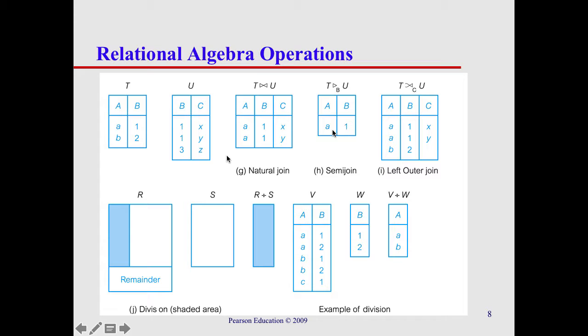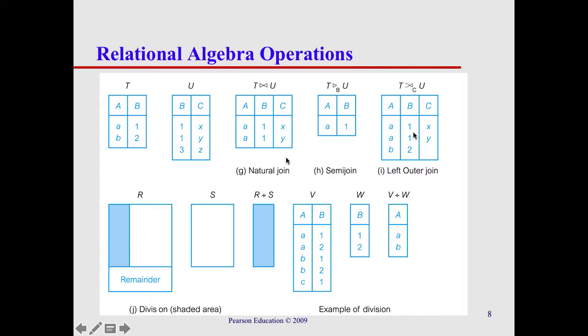So for example, we might want to know which branches have properties assigned to them. So we might take the join of branches with properties, but all we care about in the result is the branches. So any branch that matches a property in the property relation would appear in the result, and that's called a semi-join. We've talked about outer joins.